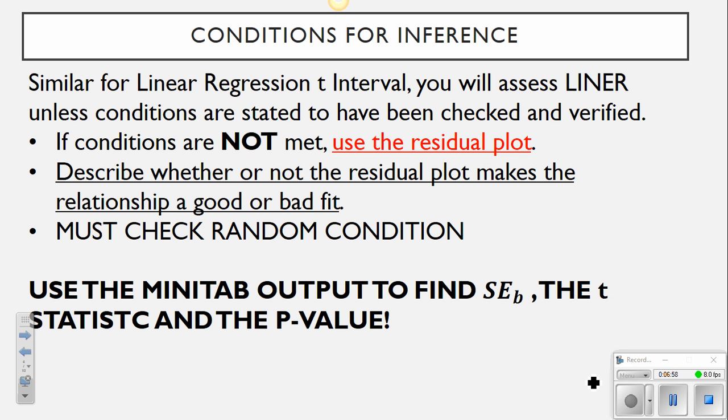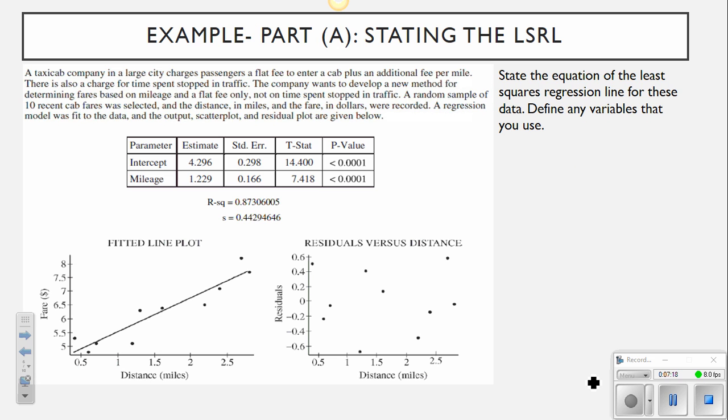If you're going to use a linear regression t-test, your data should be linear. That makes a lot of sense. And random. It has to come from a random sample or random assignment. Minitab: you've got to use Minitab to find SE sub b, t, and the p-value. You guys good? All right, let's look at a problem.